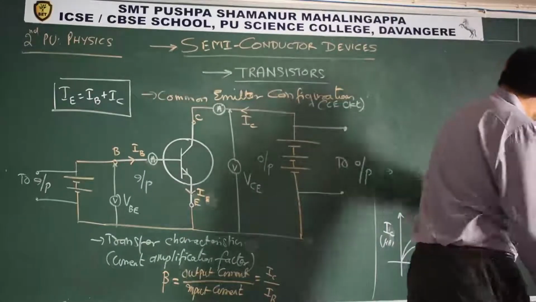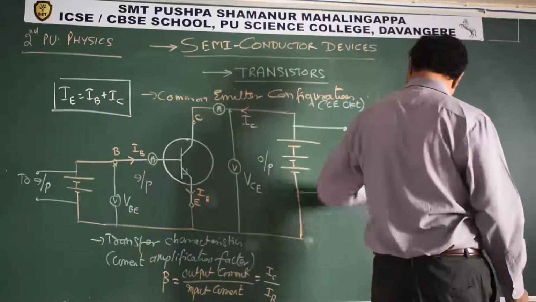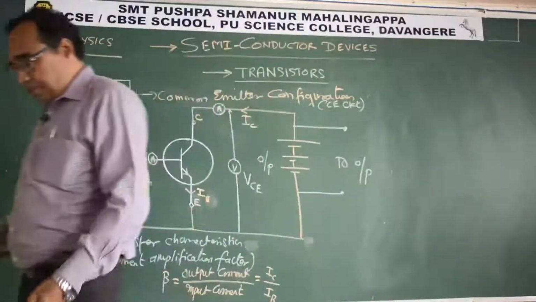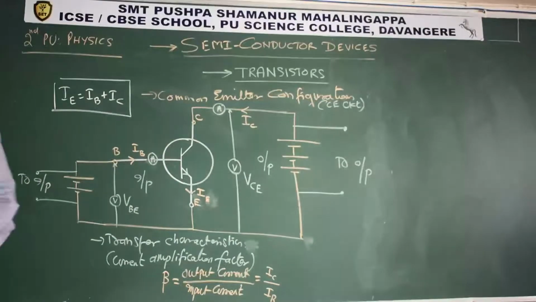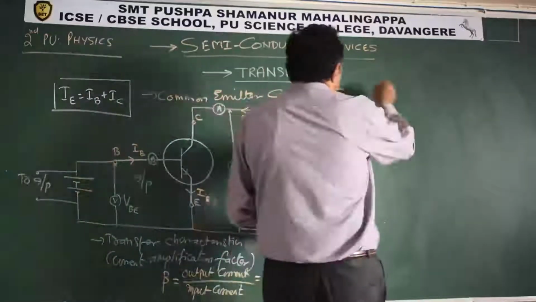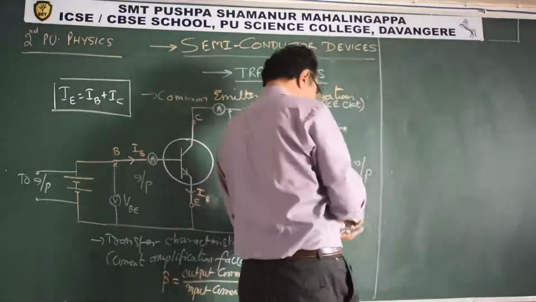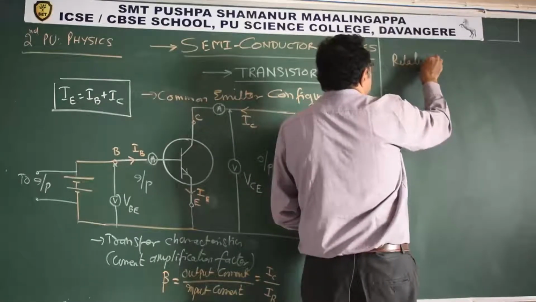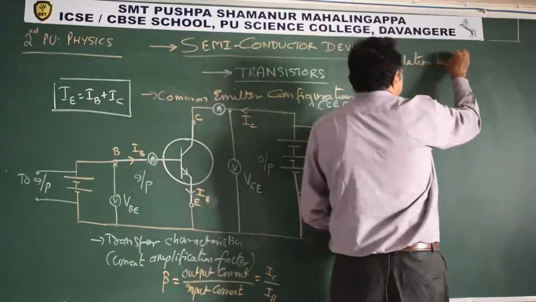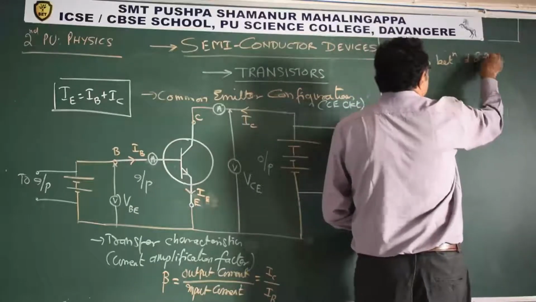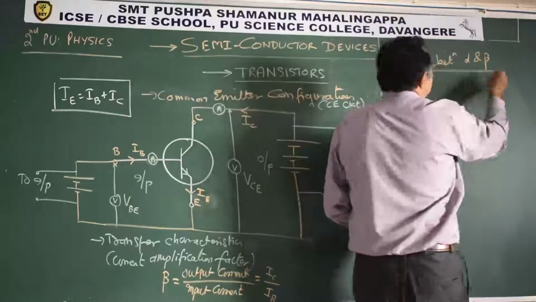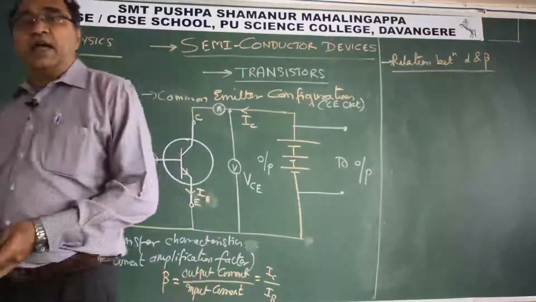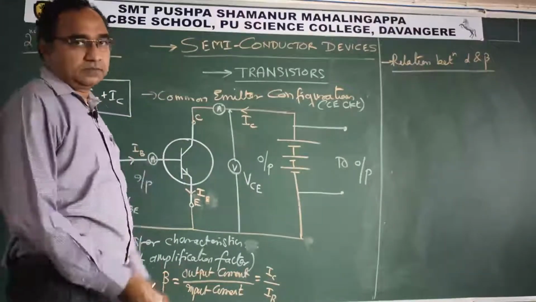Now see here, what I am trying to find is the relation between alpha and beta, that is, a relation between the two current amplification factors.